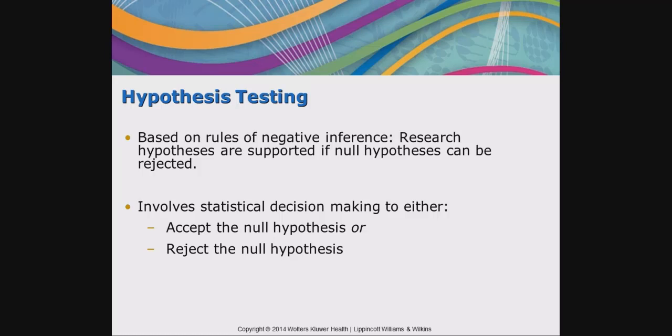It is either directional, being there's a positive or a negative influence, or that there is no difference, which is the null hypothesis. And really the statistical tests are just set up to test the hypothesis, so that the researcher either accepts the null hypothesis or rejects the null hypothesis.